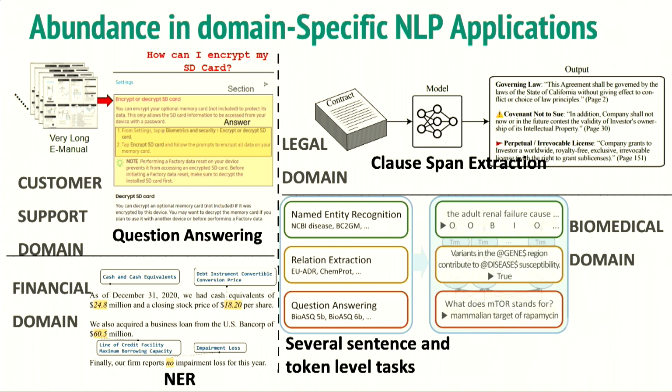Now there can be generalized tasks, like sentiment prediction of any words, or there can be various specialized, domain-specific tasks. Let me talk about some of these tasks, say the customer support domain. Previously, in the good old days when there was no internet, when you bought a fridge, a manual would come with it.